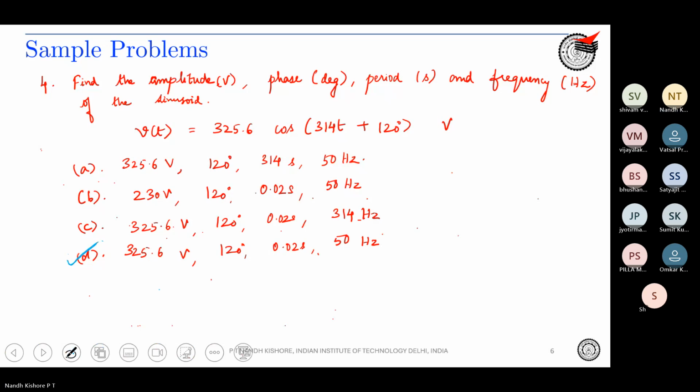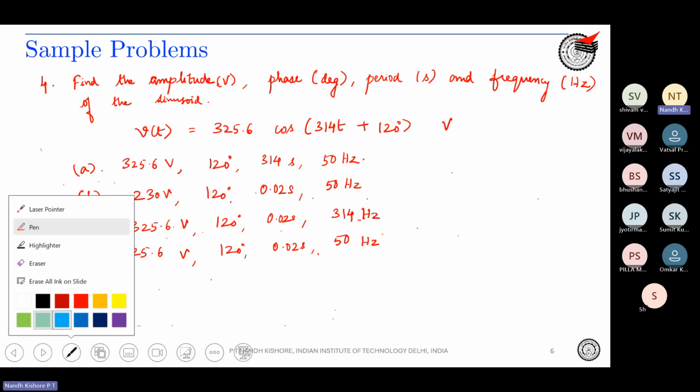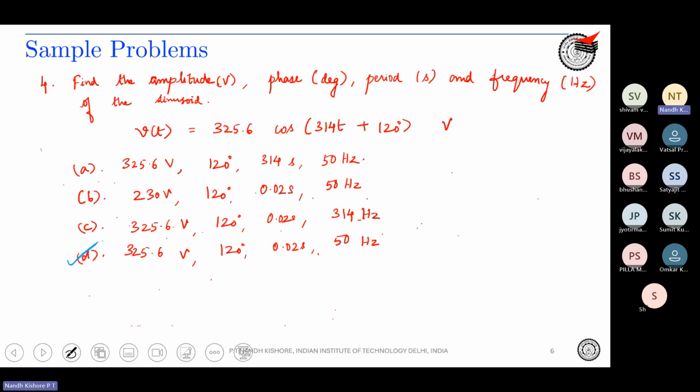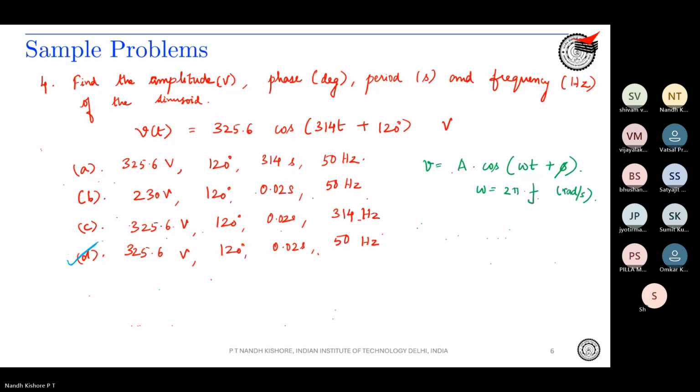The generic form, as you would know, is V equals amplitude A cos(omega t plus phi), where omega equals 2 pi f, in radians per second. You can do the analogy here.